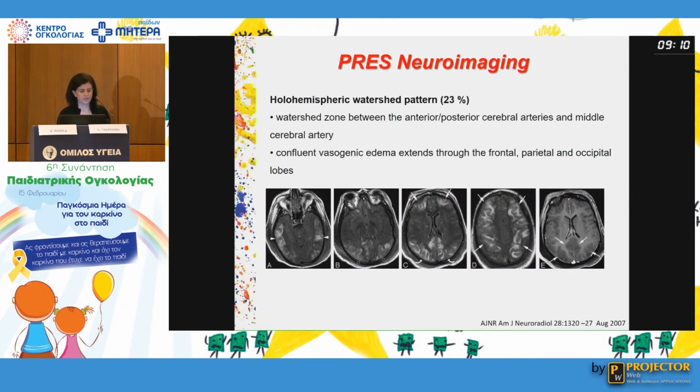We can have the holohemispheric watershed pattern, where the vasogenic edema extends through the frontal, parietal, and occipital lobes. Vasogenic edema is seen in watershed zones, in border zones between the territories of the anterior and posterior cerebral arteries and the middle cerebral artery, zones that are especially vulnerable to hypoperfusion.